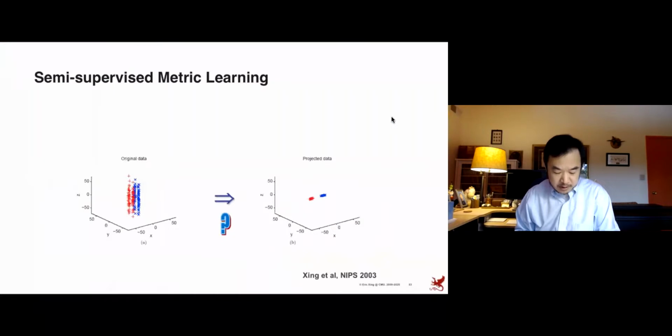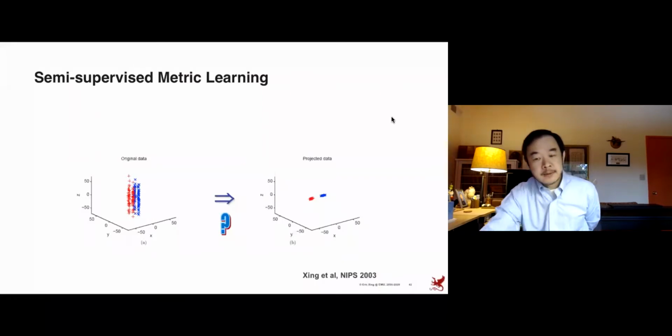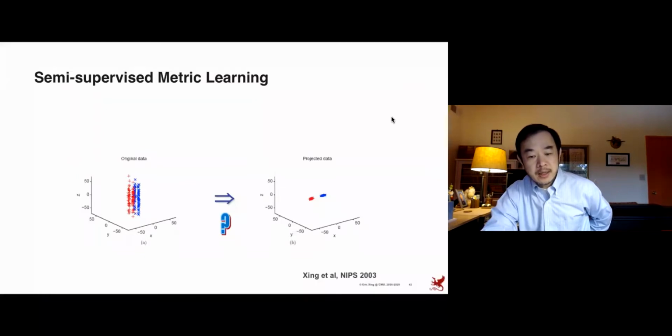I do want to mention metric learning, not because it's one of my earlier papers. It's because this is a modern topic that nowadays has become a kind of foundational algorithm for many applications. So imagine that you want to have some peculiar clustering problem, which is hard for you to specify a metric.